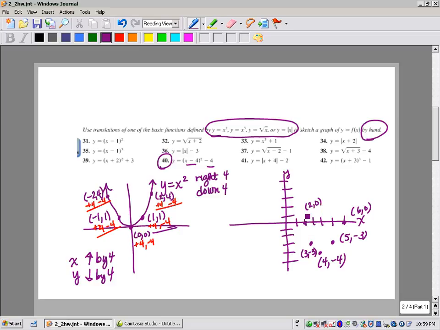Now you can draw the graph of that by connecting those points. I think it's a little more dramatic when you have those drawn on the same graph, so you can actually see the translation that's happening. You can check on the calculator, that's no big deal, but I would expect you to know how to come up with those new points.